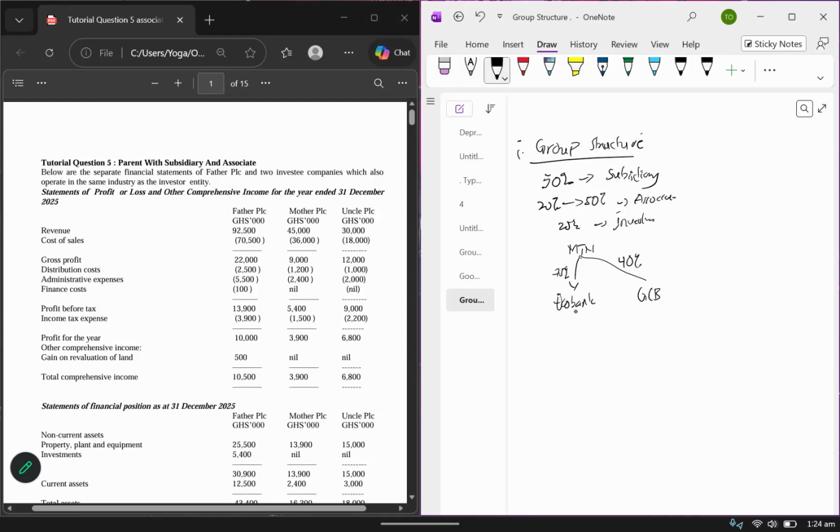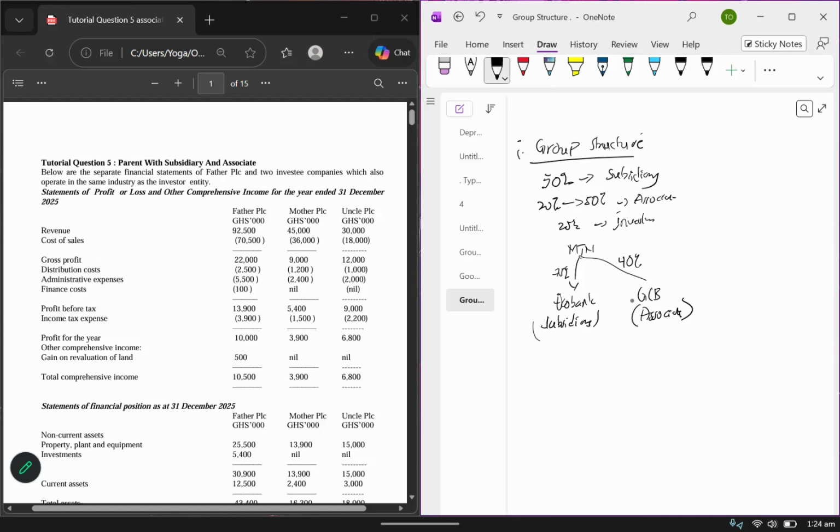Because of the proportion of shares MTN has in EcoBank, EcoBank becomes a subsidiary, and GCB becomes an associate.